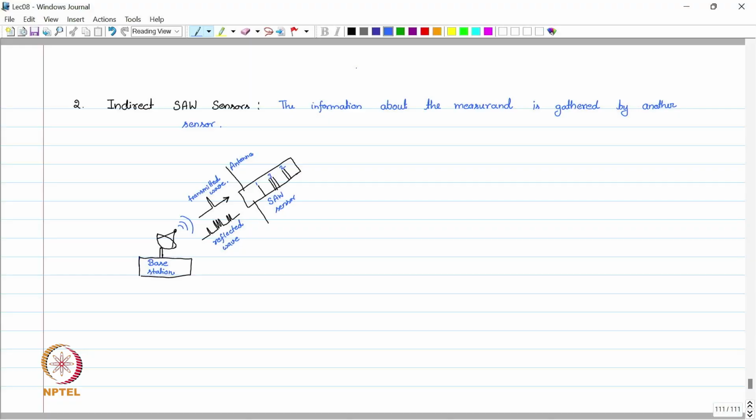And if we see the actual working of the SAW here, we have a SAW sensor there. This is piezoelectric material, and on top of this we have antennas.